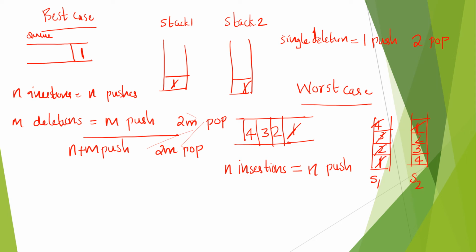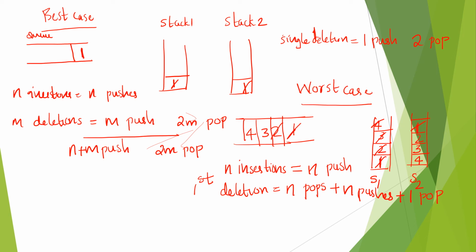That means for the first element deletion, we need n pops, plus n pushes, then one more pop, the last pop. This is for the case of the first deletion. For the second deletion, I will just delete this 2 from the top of the stack.